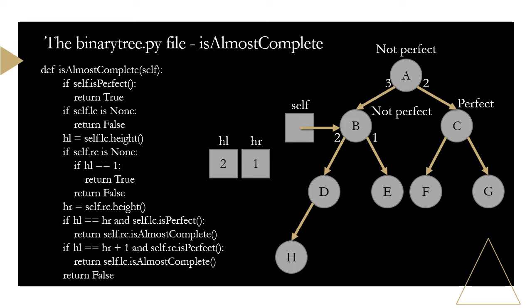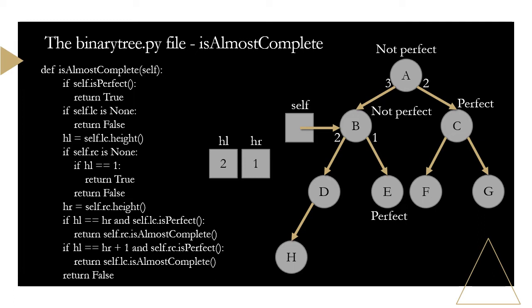Is HL equal to HR? No. So the first condition of the second last if not met. Is HL equal to HR plus 1? Yes. Now find out if the right child of B is perfect. Yes, it is.